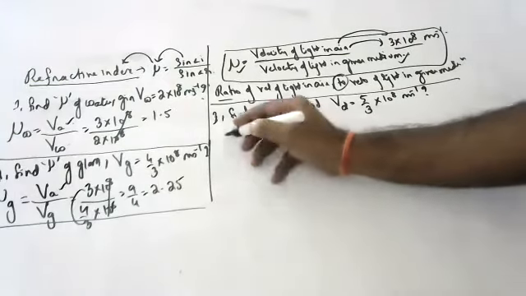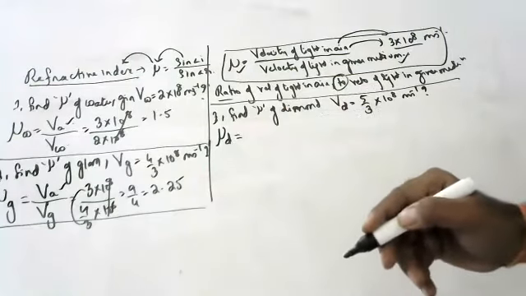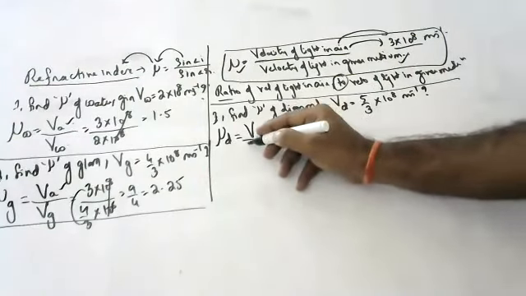Refractive index of diamond is equal to velocity of light in air by velocity of light in diamond, which is 3 into 10 to the power 8 by 5 by 3 into 10 to the power 8. 10 to the power 8 cancels on both. 9 by 5 is equal to 1.8.